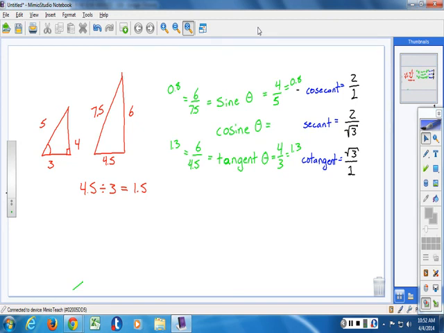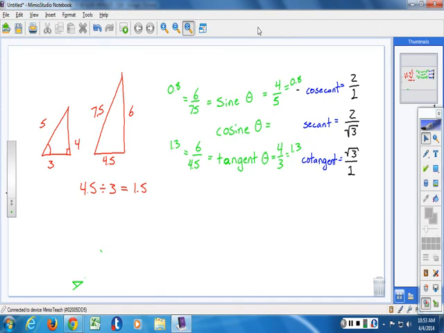So the next step is using the angles. We used the functions to find the ratios, and that's good. We can also use the angles to find the ratios if we know the angle. So if they didn't give us any of these sides but they gave us the angle, we know how the ratio of those sides relate to each other.